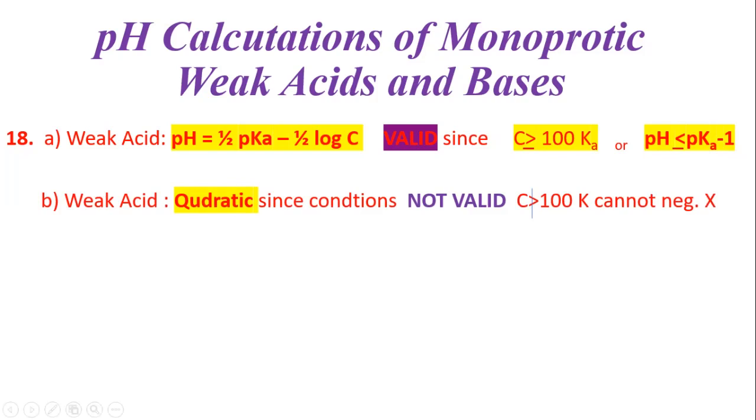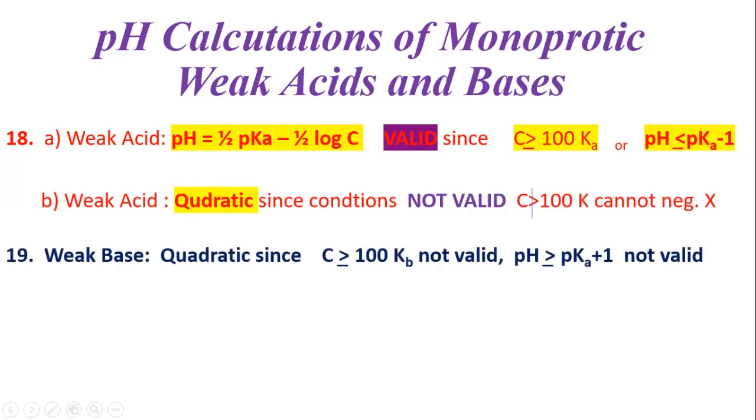In part B, my concentration was not greater than 100 Ka, actually it was much less than 100 Ka. And so I could not neglect x, and thus I had to do a quadratic calculation. For number 19, we had a weak base, and in that case also the concentration was not greater than 100 Ka, so that was not valid.